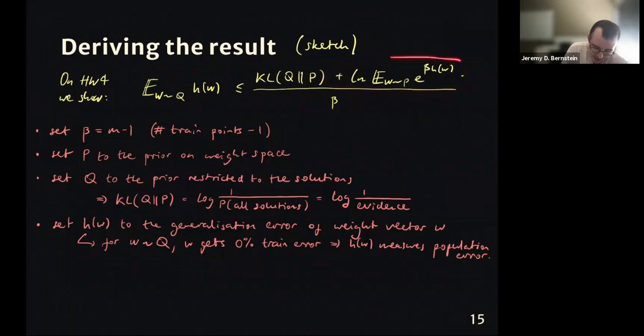But because this is averaging something over a prior which does not depend on the training data, it turns out that this is small.